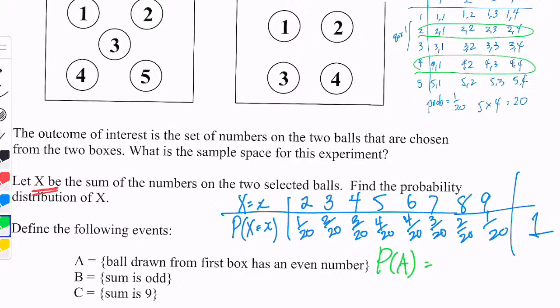Right, so event A has the chance of 8 out of 20, which you can reduce to a percentage, if you like, of 40%.